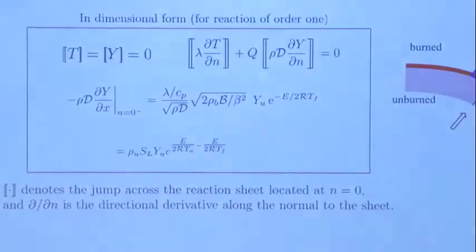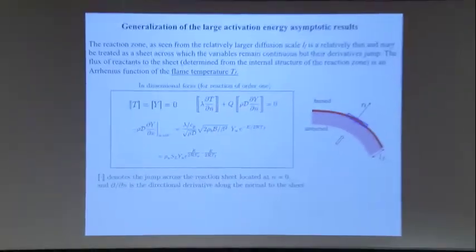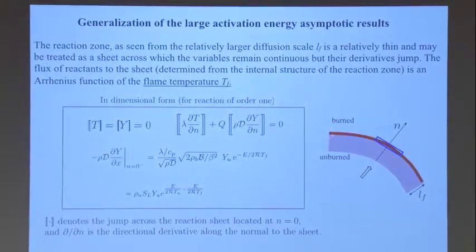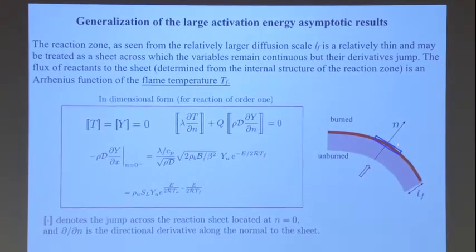So suppose that you have a flame which is not flat, as we did before, but slightly curved. So here is the picture. The flame is slightly curved. If the curvature is not too large, in other words, if the radius of curvature is large, then locally the flame can be seen as almost flat.